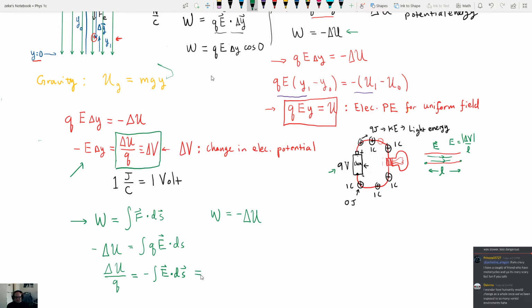So then this is our most general definition of what the electric potential difference is. I kept calling it electric potential, but usually the way it's described is we call this electric potential difference. So it's electric potential, which would just be V. I called it change in electric potential up here. So it's often called just electric potential difference.